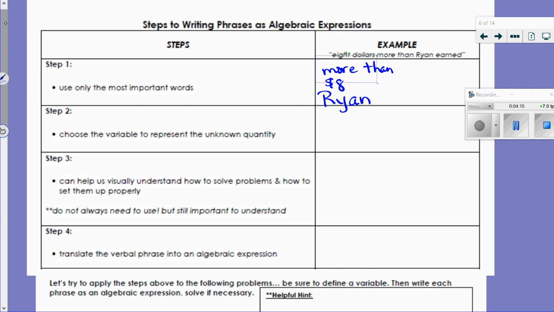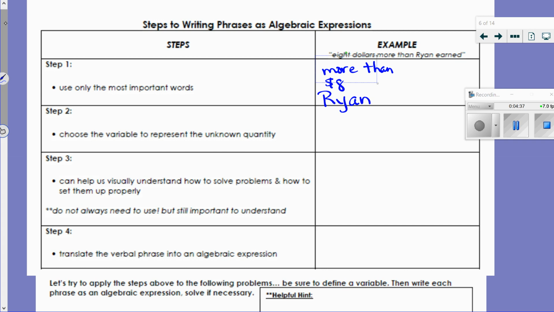Step 2, and we've worked on this before, choosing a variable for our unknown quantity. So if there's pieces of this that I don't know, we need to identify that and write our variable. When we define our variable, remember, you need to be as specific as possible. So in this case, what is it that I don't know in this sentence? Good.